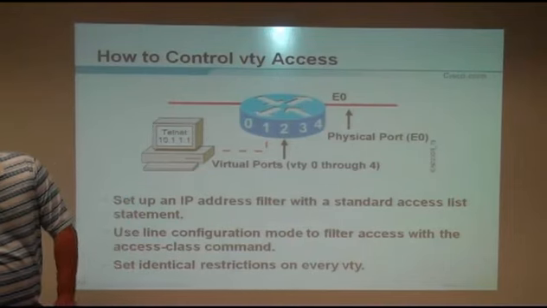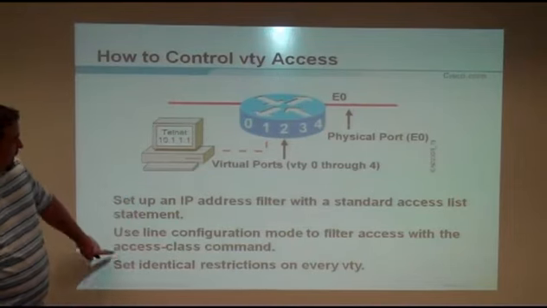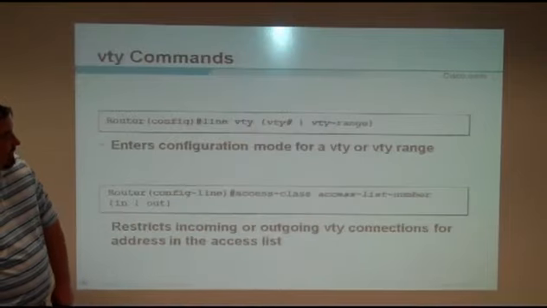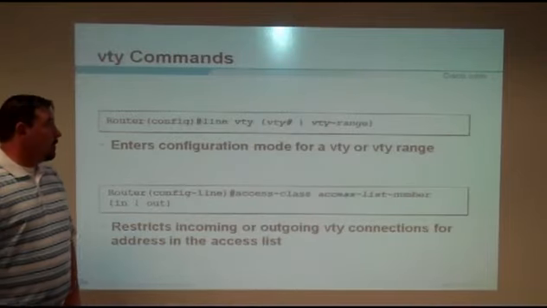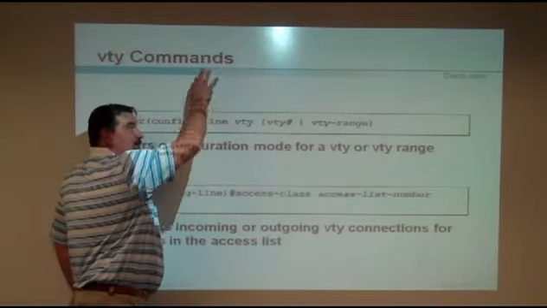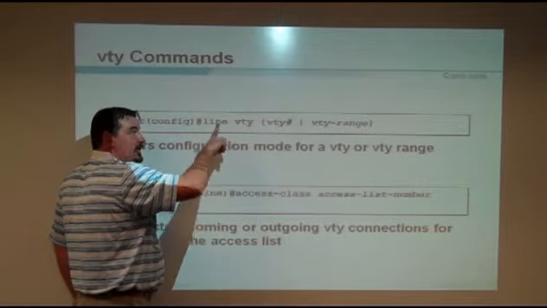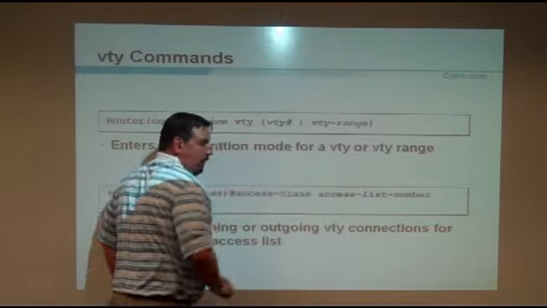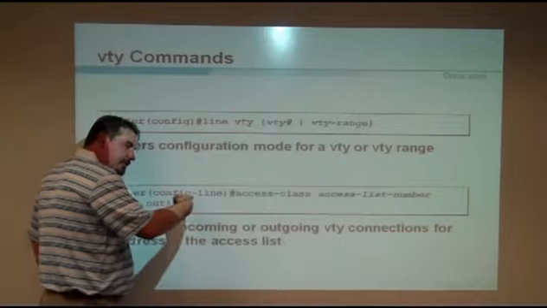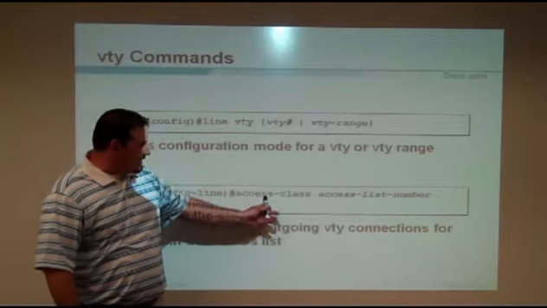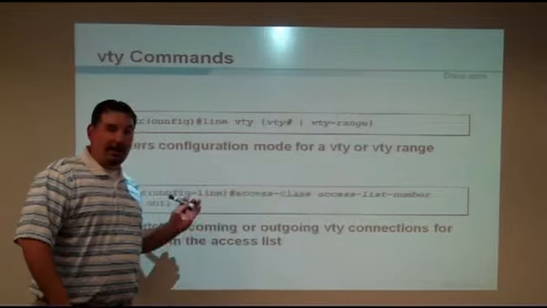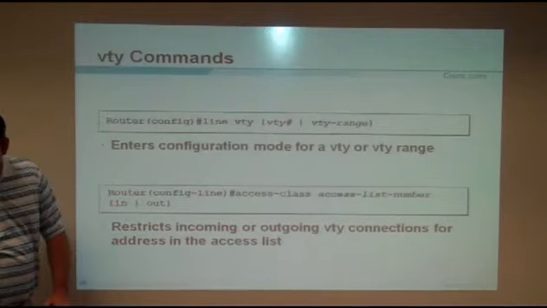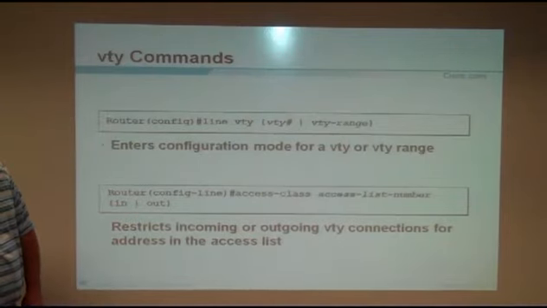So we're going to show you how to set these restrictions utilizing the access-class command. I'm going to create our access list, then go into our virtual terminal line. So you'll say line vty 0 4. And then underneath the virtual terminal lines you'll type in access-class 101 in, or the name of my named access list, and whether it's inbound or outbound.